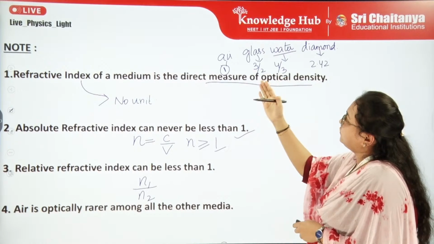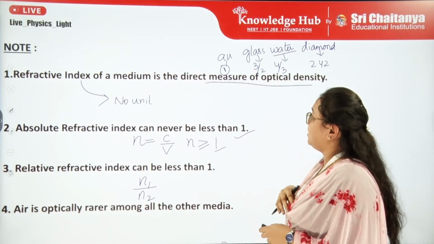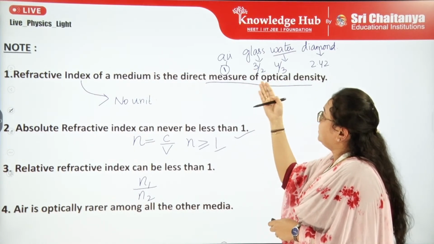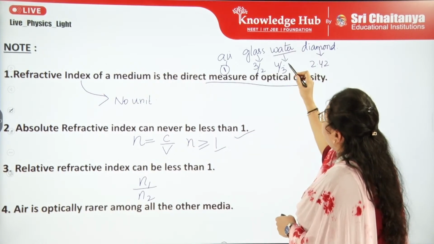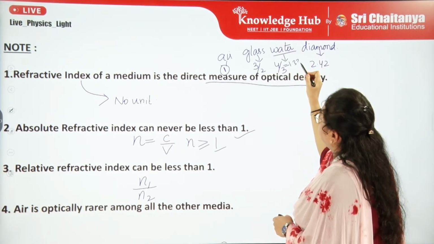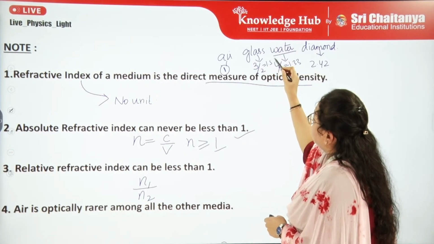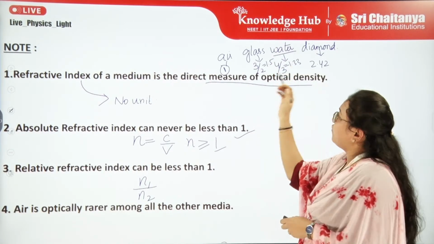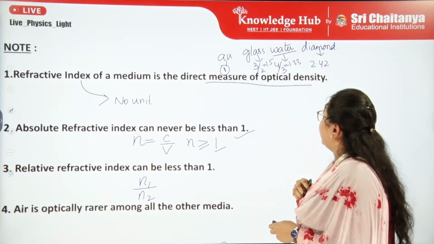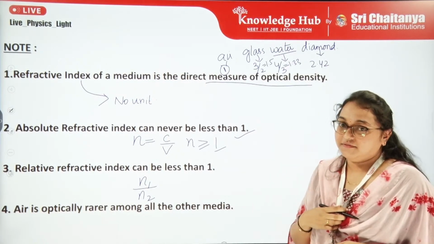So if you compare these 4 media, 4/3 is 1.33, 3/2 is 1.5. So when you compare the refractive indices of all these 4 media, diamond has more refractive index.